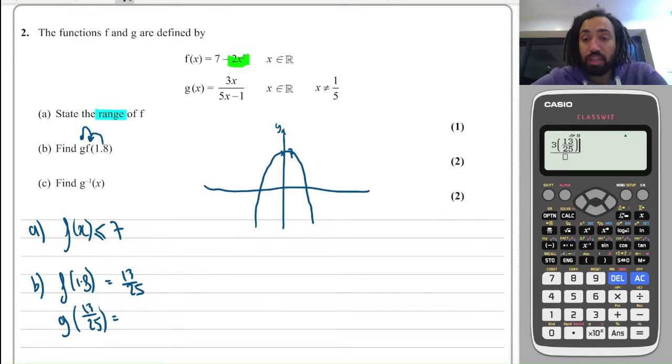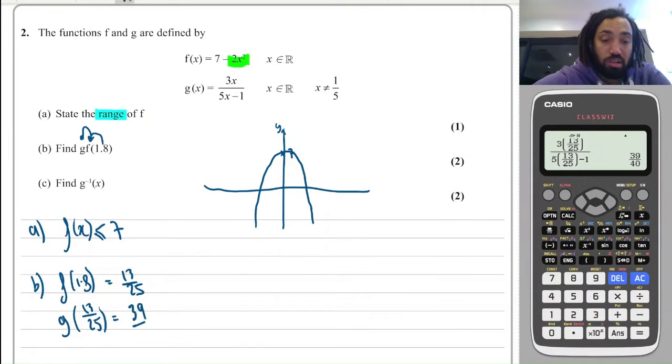And let's put that, let's do 5 lots of 13 over 25, and then minus 1. Press equal, we get 39 over 40.